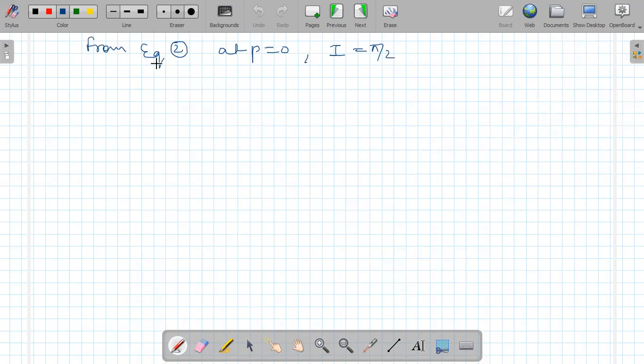So from equation 3, we have at p is equal to 0, di by dp is माइनस पाई बाय 2.